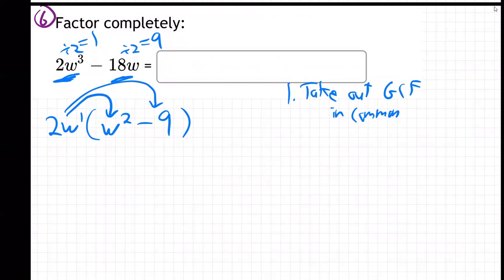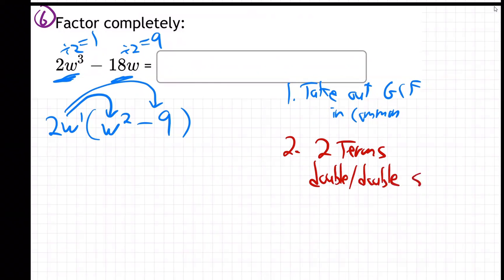What do you do for 2 terms? I call it a double-double. Double-double subtracted factors further.